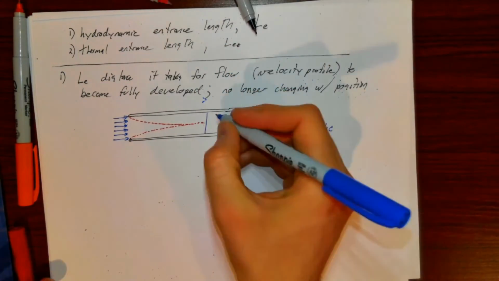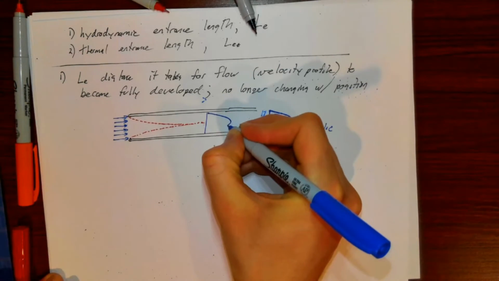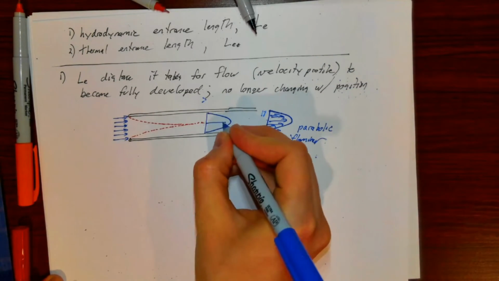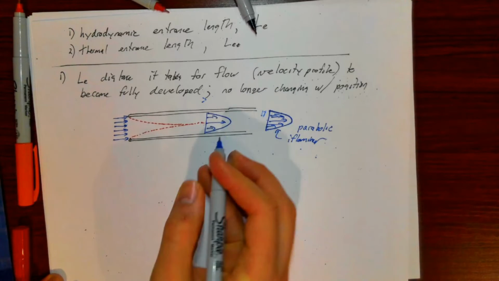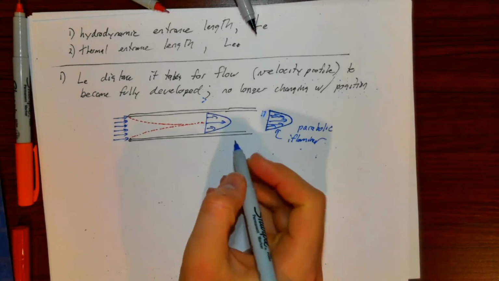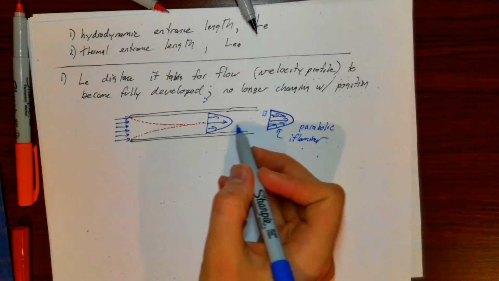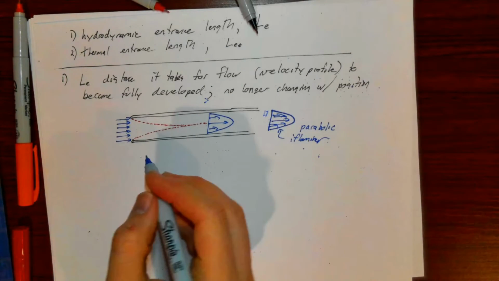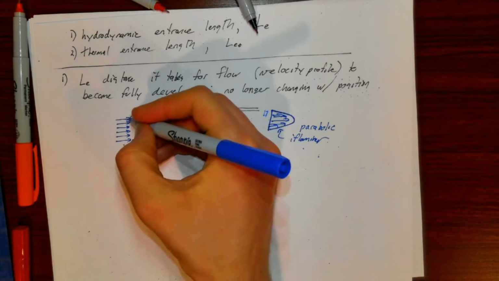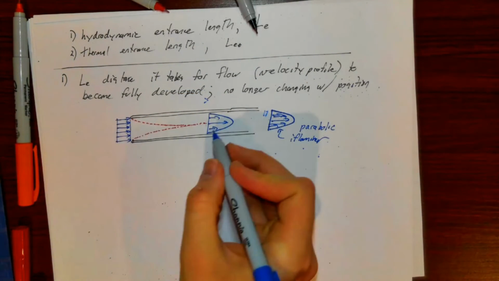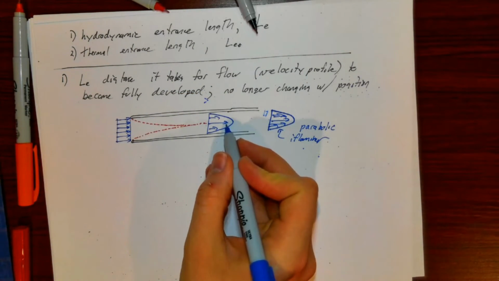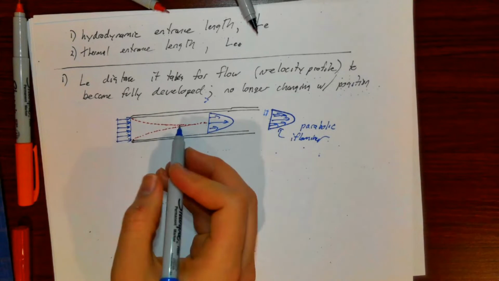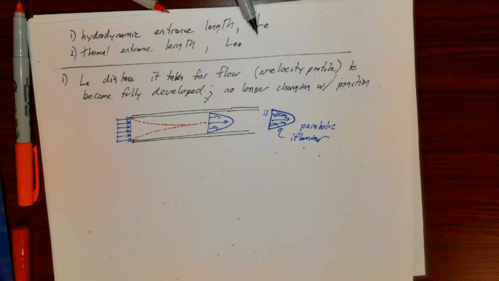So what do I mean by that? Once these edge effects have merged, I get my parabolic velocity profile if I'm laminar, and then at every point down the flow it's the same velocity profile here, here, here, here, here. But between this uniform flow at the inlet and this parabolic velocity profile later on, I have some messiness going on.